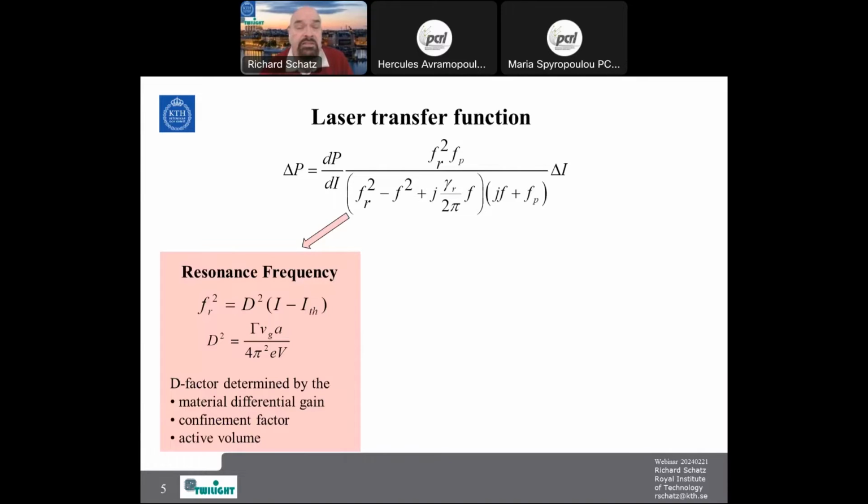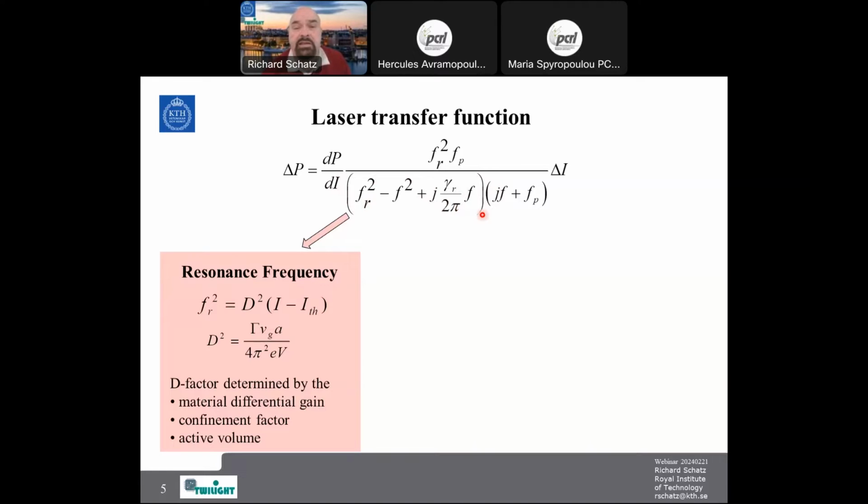When you look at how the laser transfer function looks, then you have this three-pole behavior, where this parenthesis here is the feedback loop I explained, and it works up to a certain resonance frequency where it has a resonance, and then it gives a decay of the modulation response.